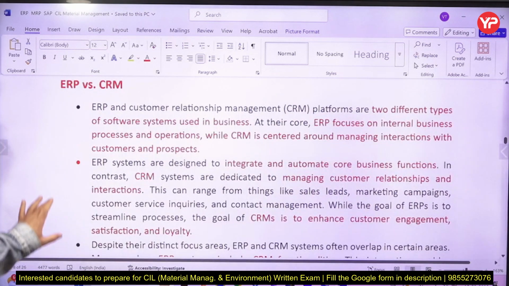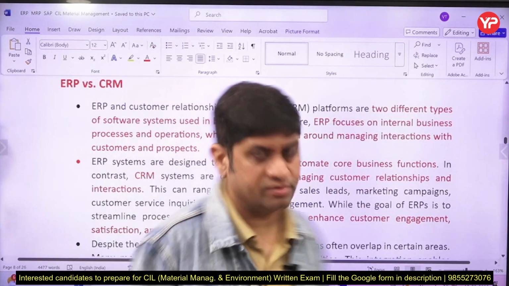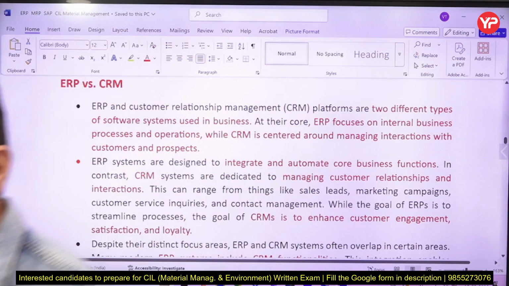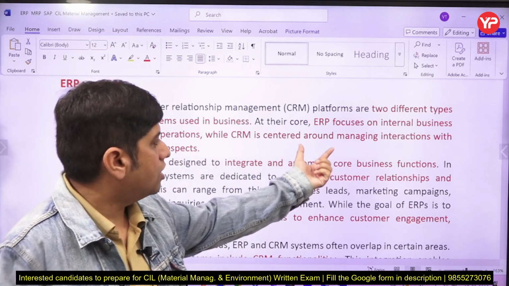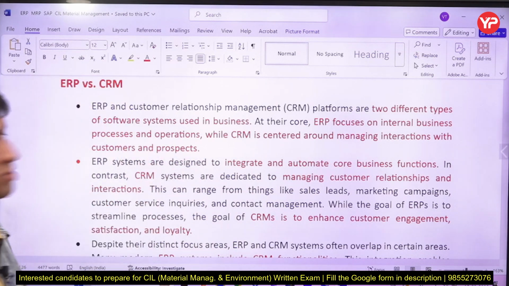Now friends, there is another term called customer relationship management, CRM. It is all related to the customer, the external customer. CRM is a part of ERP. They are both software. ERP talks about internal business processes and operations, whereas CRM is managing the interaction with the customer.